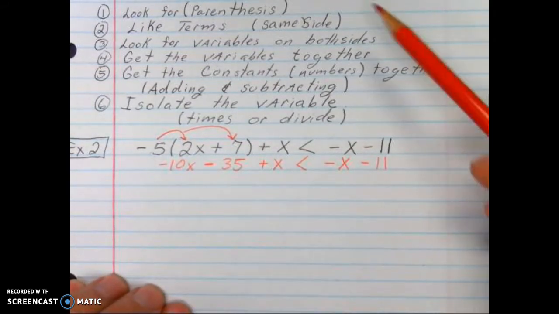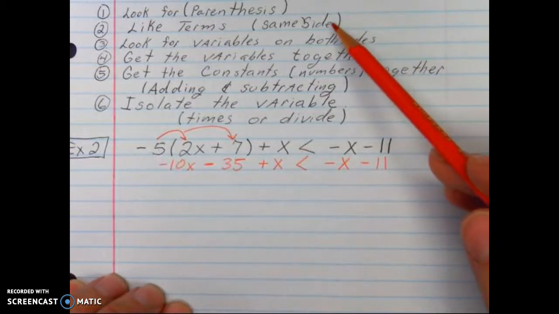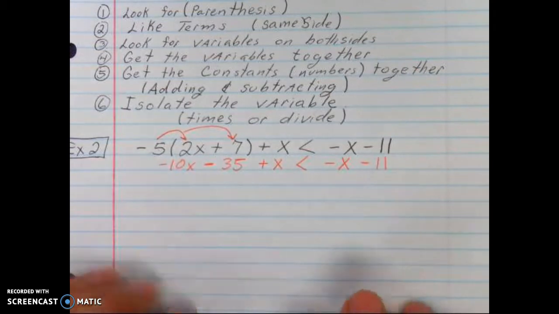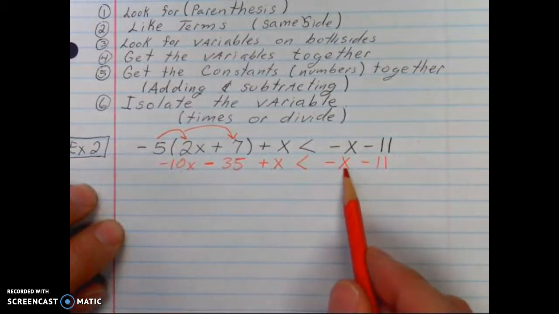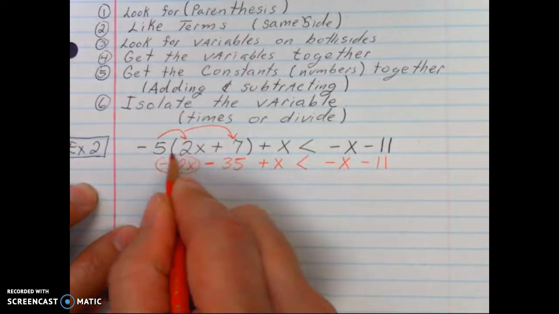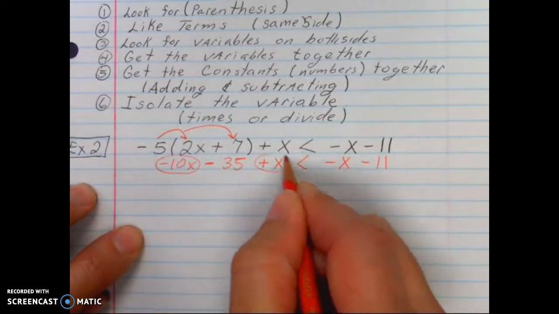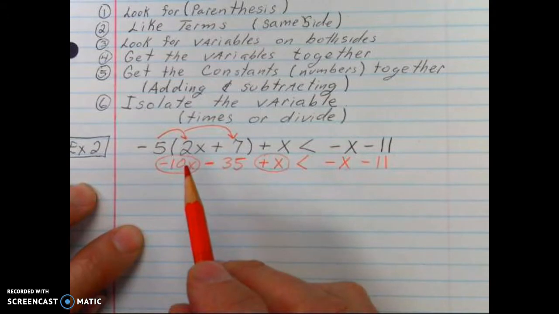Step 2, look for like terms. Now remember, like terms is the same variable on the same side. Well, let's see. I have an x right here and an x right there. Now I do have a third x, but it's not on the same side as these two. So this right here is a like term. He is a like term. Not a like term. He's not on the same side, right?